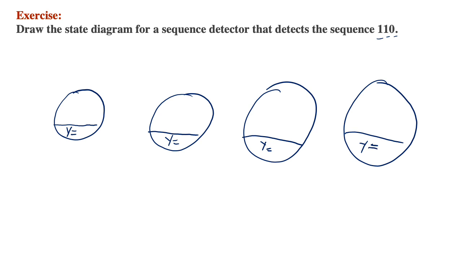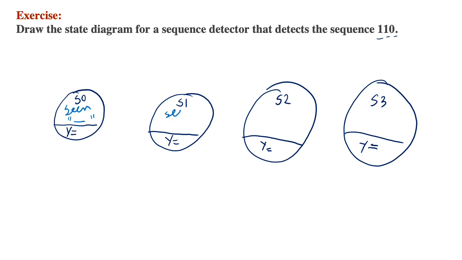And then the first state, I will name it state 0. Second state is state 1. Then I have state 2, state 3. Inside each state, I will say seen, and then write 1 bit at a time of the sequence. The initial state, we're starting with nothing, so we're going to say seen nothing.